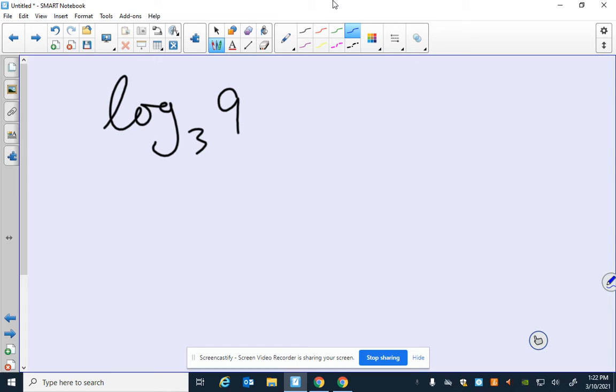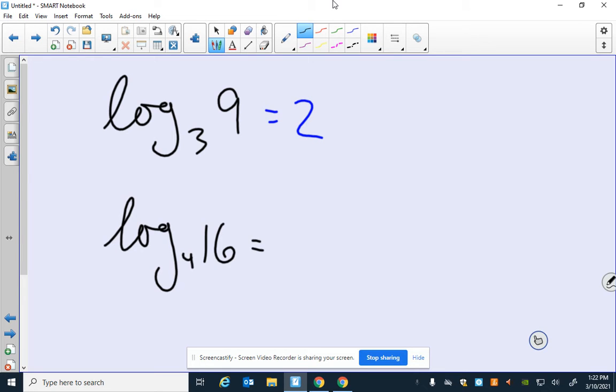But log base 3 of 9 is 2. And maybe you knew that from when you were doing the graphing stuff earlier. Maybe you didn't. Likewise, log base 4 of 16 is also 2.